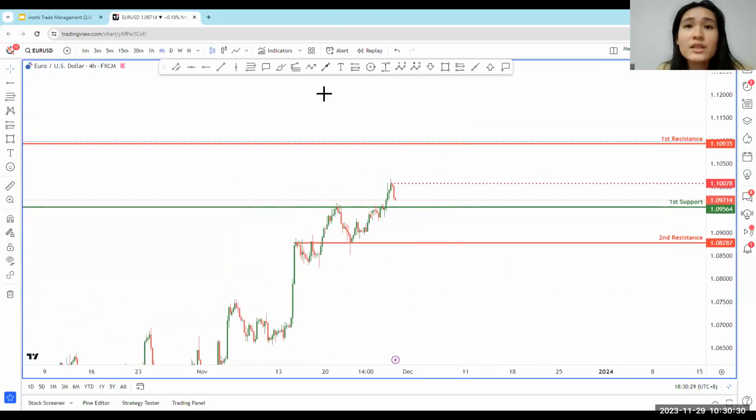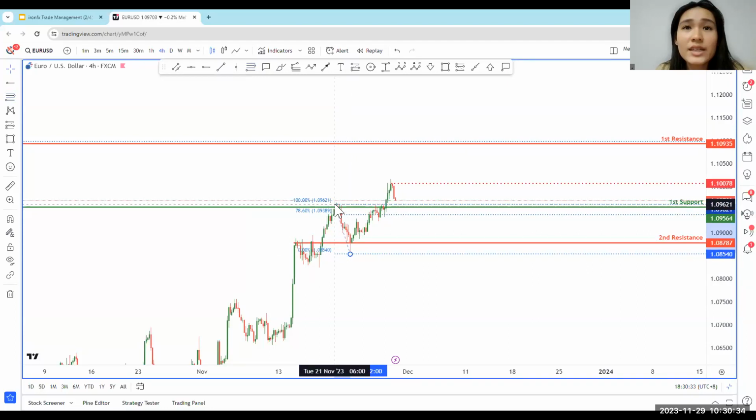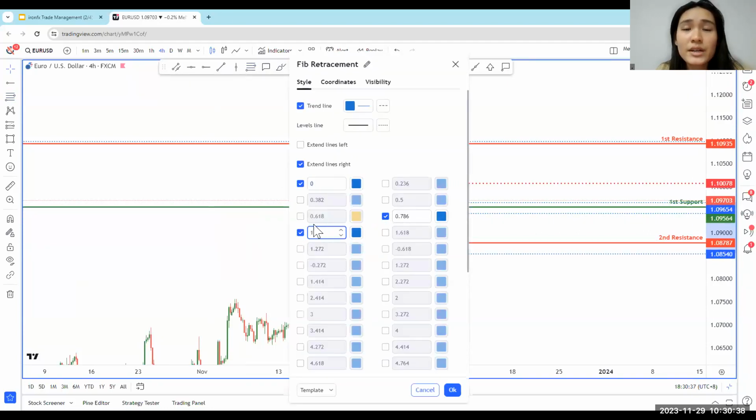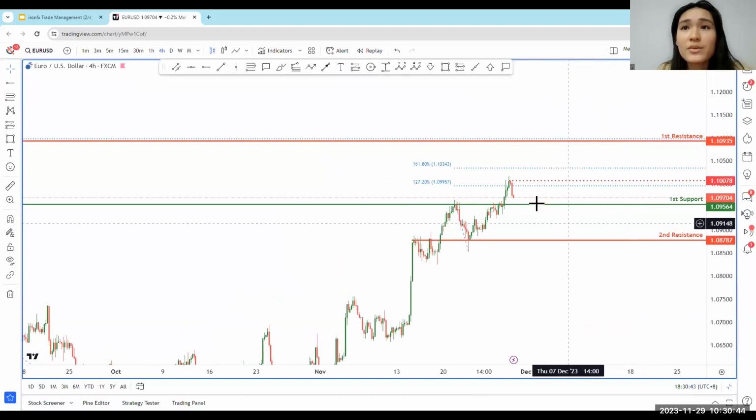Now if we zoom in, I think I see another Nike tick shape here. So I'm going to pull out my 127.2 and 161.8.